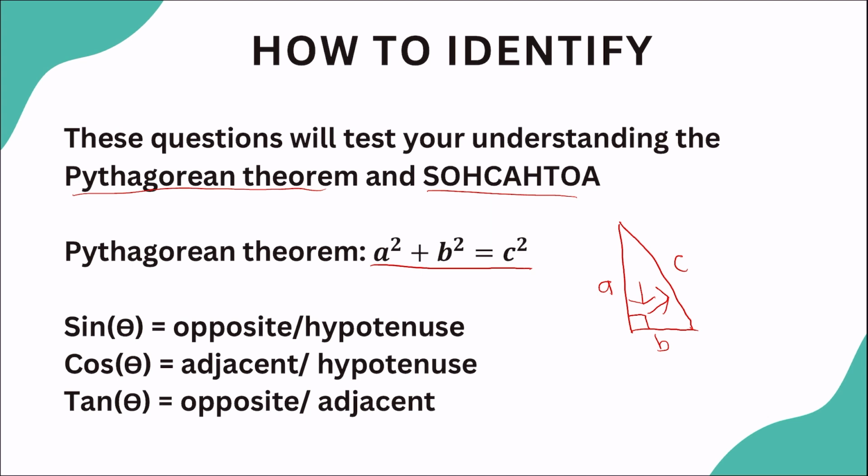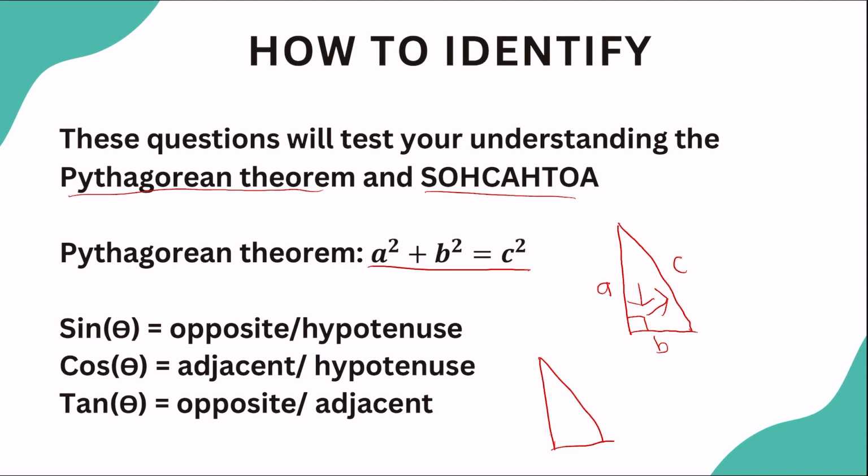Now, for SOHCAHTOA, I'm going to redraw a triangle. SOHCAHTOA is the way that we can remember what sine, cosine, and tangent mean. So for example, we could have an angle here, and if it's asking us for the sine of an angle, then we want the opposite side, so here opposite, over hypotenuse, which is here. And so this one was 5, and this one was 10.